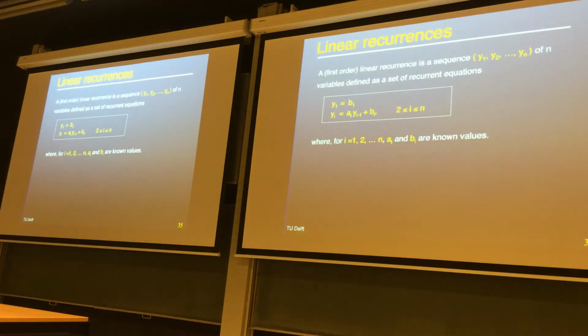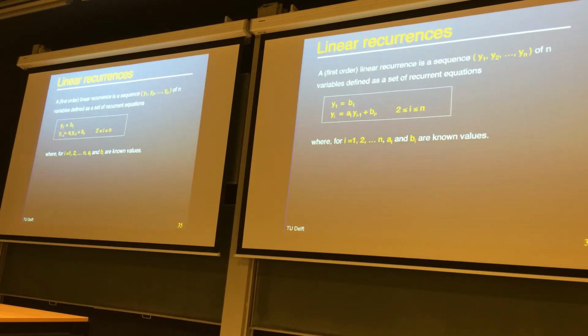First, let me show you what the problem is. What is a first order linear recurrence? Such a linear recurrence is a sequence of variables, and they are related via recurrences to their preceding variables. You start with an initial step where y1 is assigned a given constant, b1.